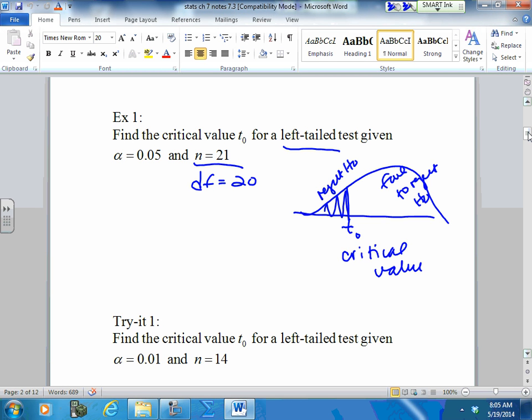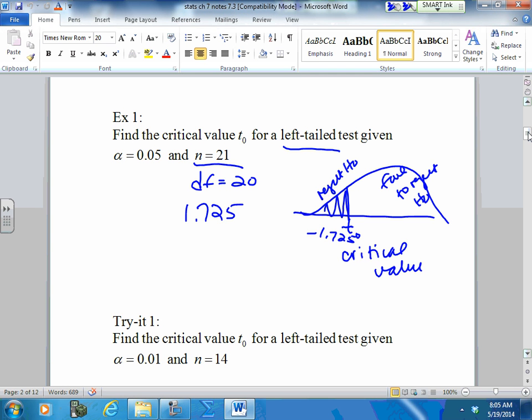Now go in your chart, page A18. Take your degrees of freedom 20, find the one tail, find the 0.05, and come down and tell me what the score is. What do you find? 1.725. Thank you. Now, because it's on the left-hand side, it's less than 0, you just stick a negative sign out here.